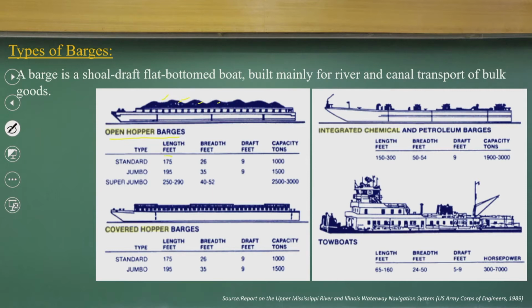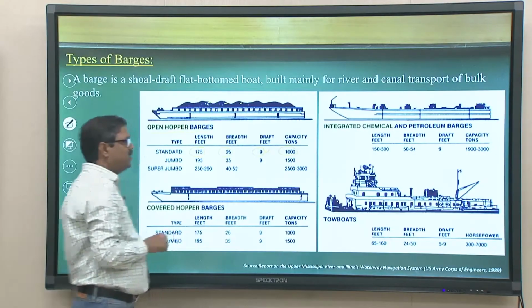The length is 175 feet, breadth is 26 feet, and the draft, the depth of water required for shipping through this river, is 9 feet. Okay. So, you can understand it needs 9 feet depth and the carrying capacity is 1000 tons.